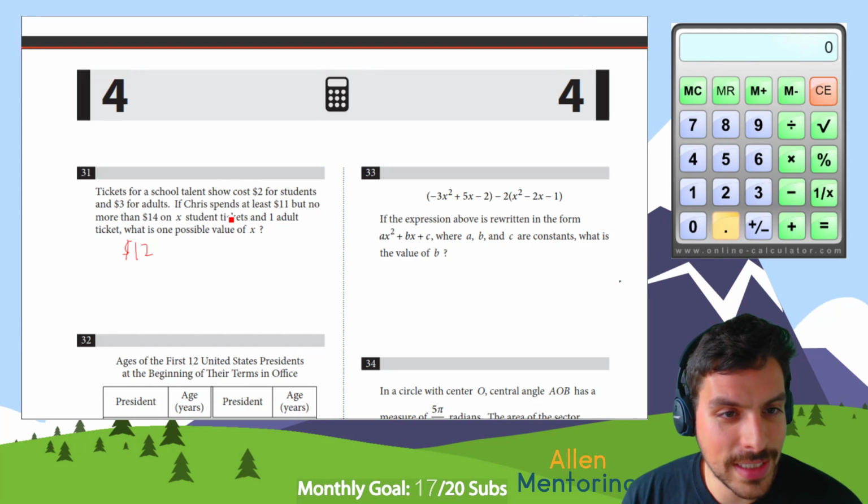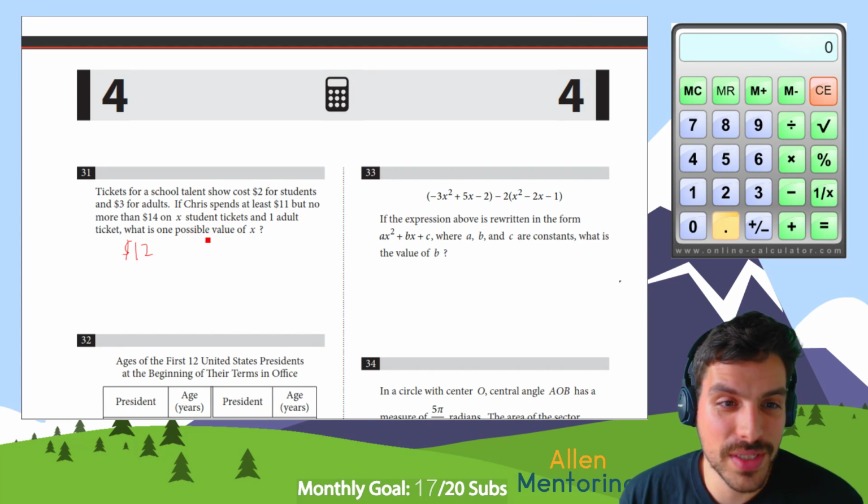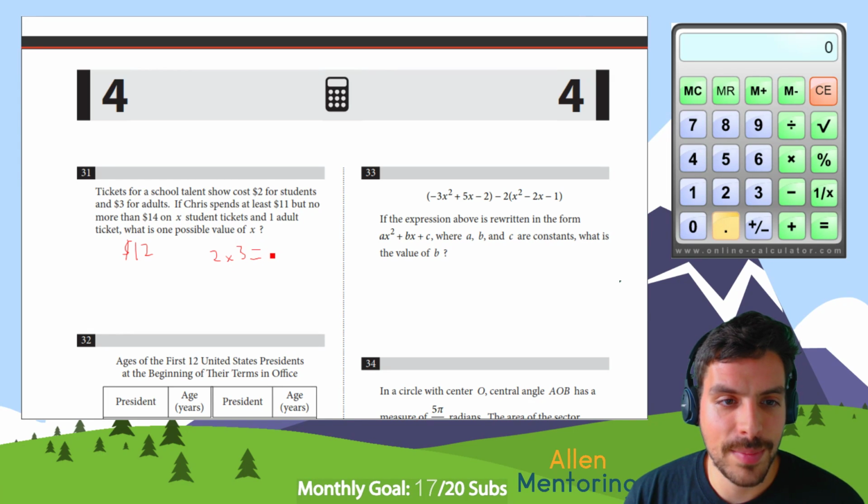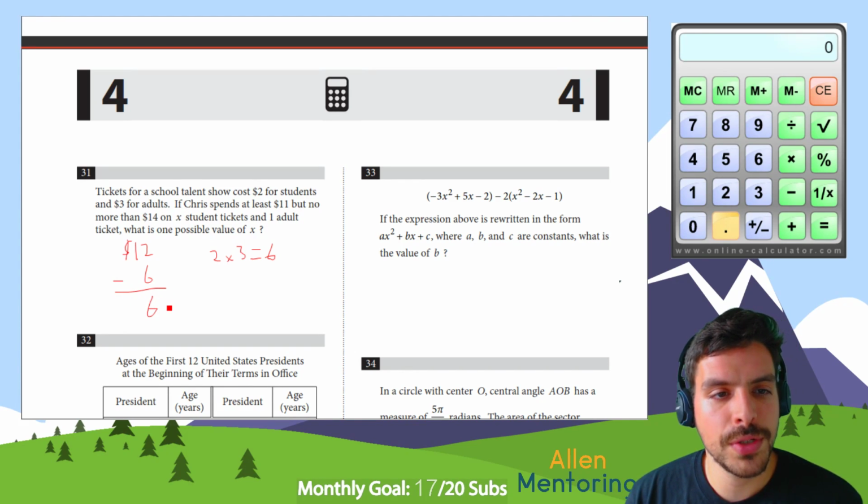And he has at least 1 adult ticket, and some number of student tickets. So if, let's say, there are 2 adult tickets, times $3 each, then he spent $6 on adult tickets. And so we'll subtract $6 from here, and there are $6 left for student tickets.